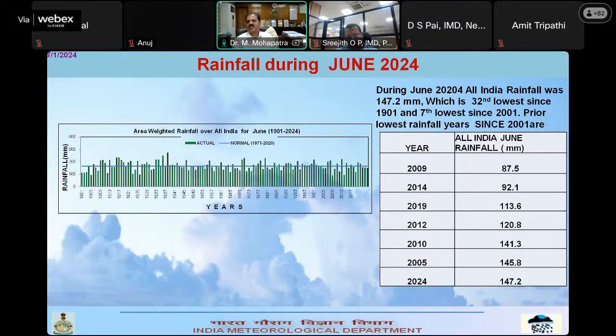During June 2024, all India rainfall was 147.2 millimeter, which is 32nd lowest since 1901 and 7th lowest since 2001. The prior lowest rainfall, as we say, was in 2009, at 87.5 in recent years.